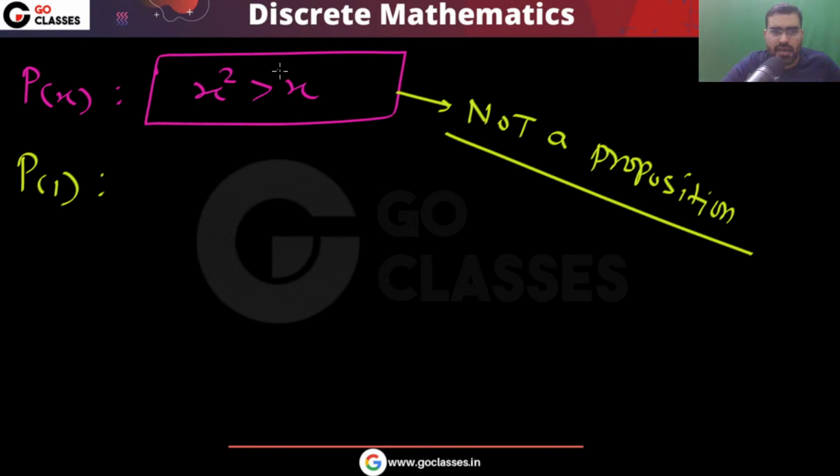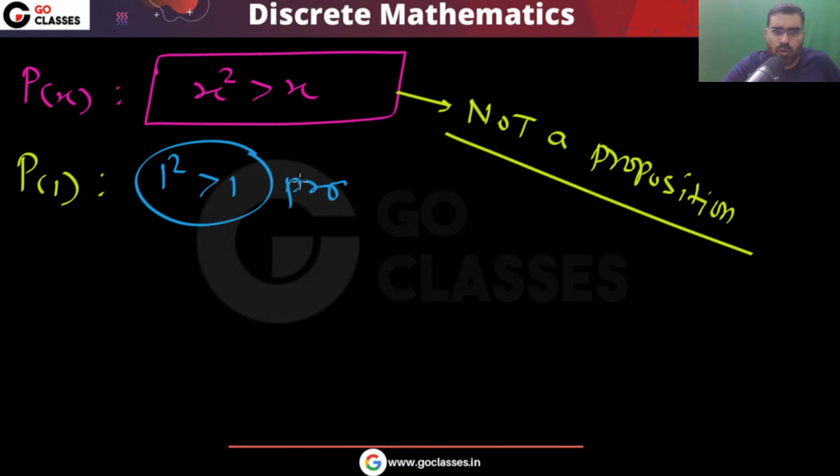Statements which involve variables are not propositions. We need to know the value of x to decide whether it is true or false. Now if I replace this x with 1, I will get a proposition.